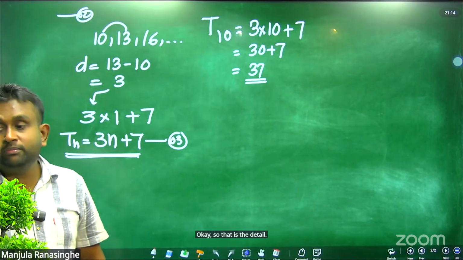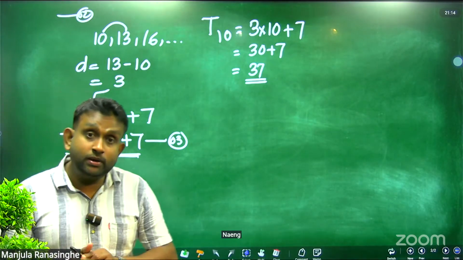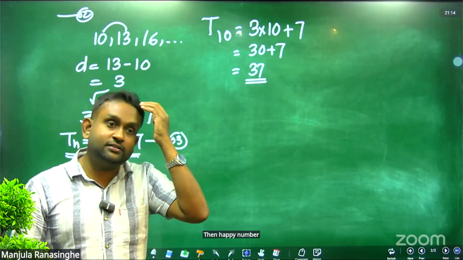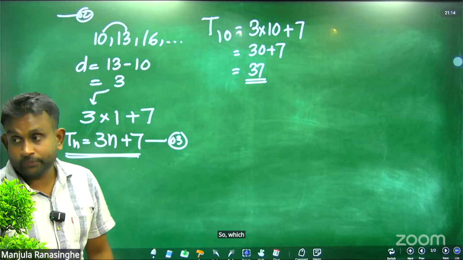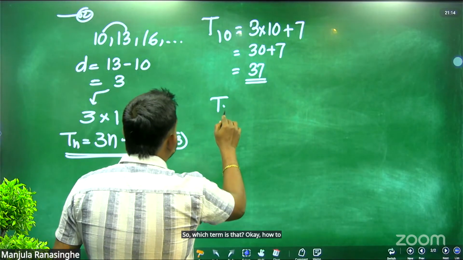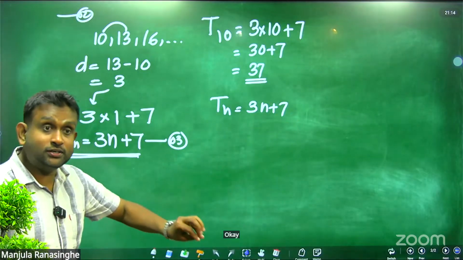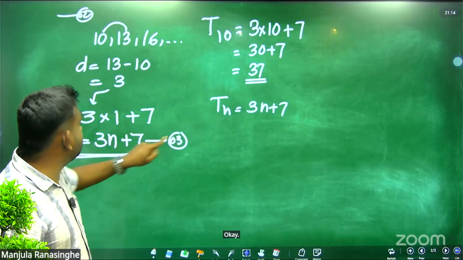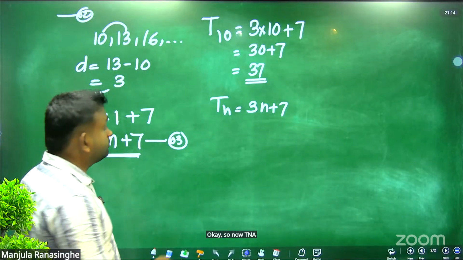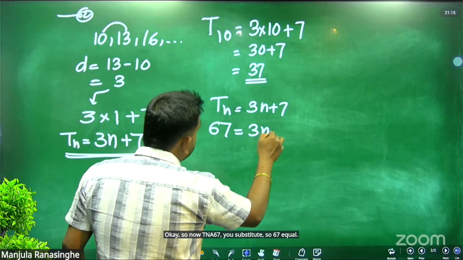Then: which term in this number pattern is 67? They say there is a term 67 in this pattern, so which term is that? We know that Tn equals 3n plus 7. Now Tn is 67, so 67 equals 3n plus 7.